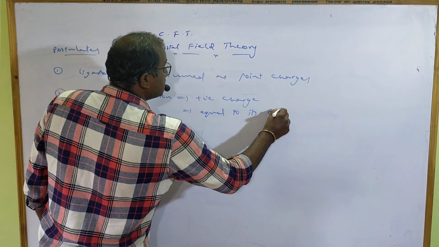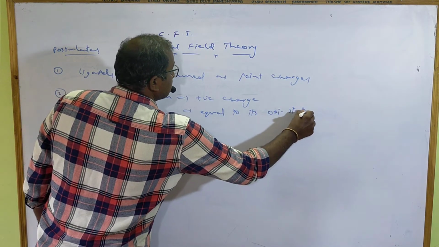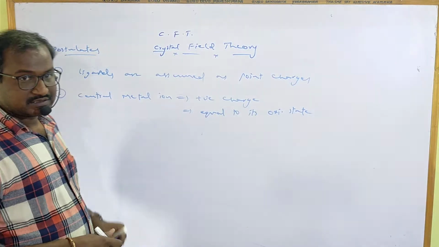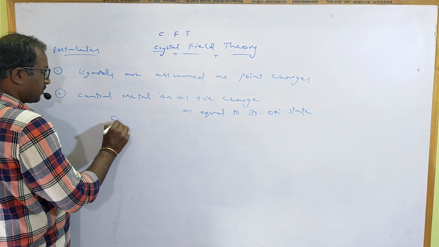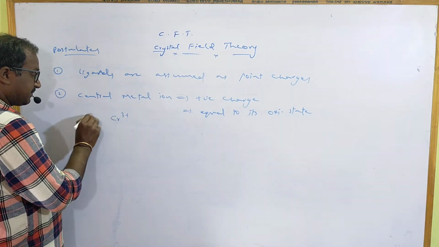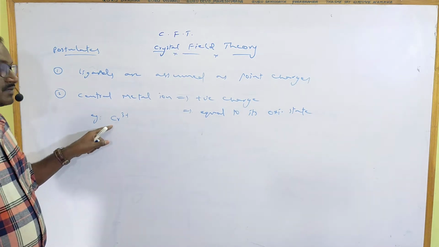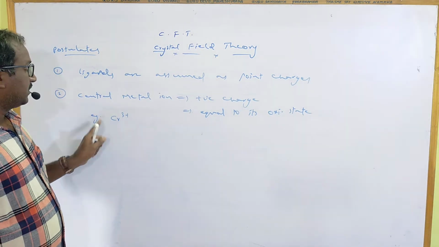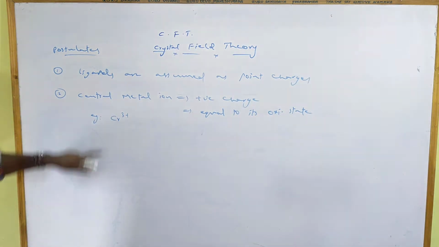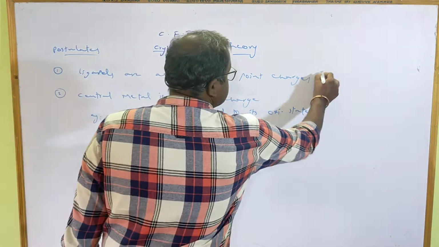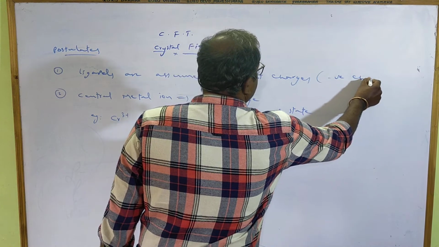Suppose chromium is there with oxidation state +3, then the positive charge on the chromium is 3. So the positive charge will be there like that. And ligands are assumed as point charges, meaning negative charge also we can say.